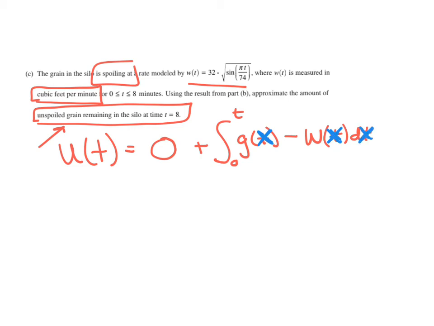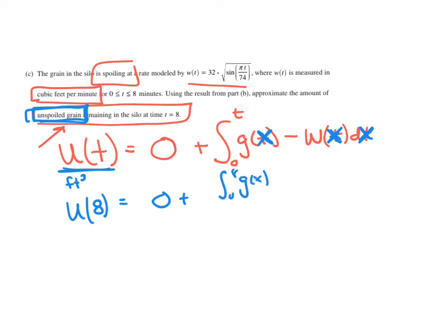Okay, so I just want to talk about this again. This function here is my unspoiled grain measured in feet cubed, not a rate, so I don't want it to be per minute. That's why I'm integrating those two functions. And it just said at 8, use your answer from part B. So that's this integral that we just approximated, 0 to 8, which we said was 160.8.